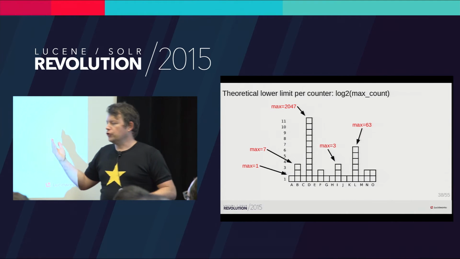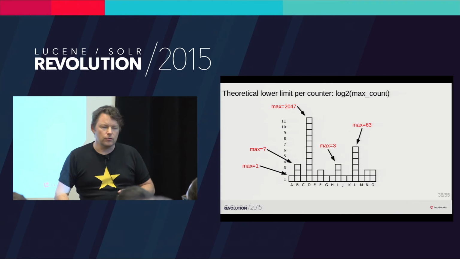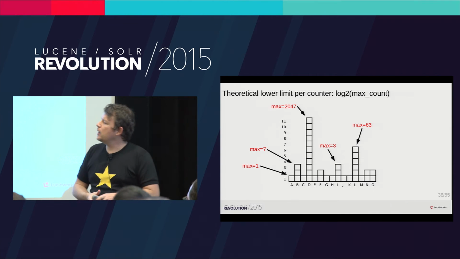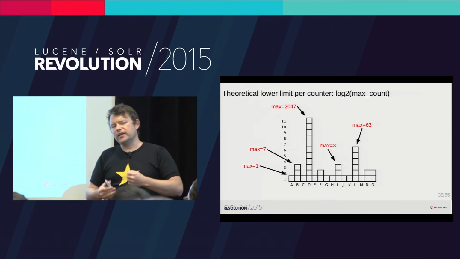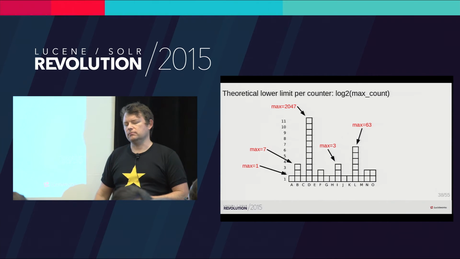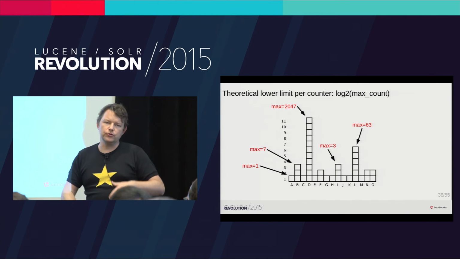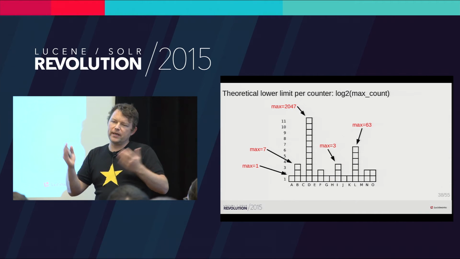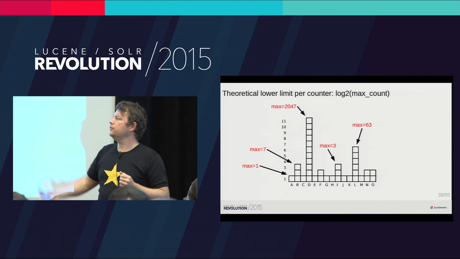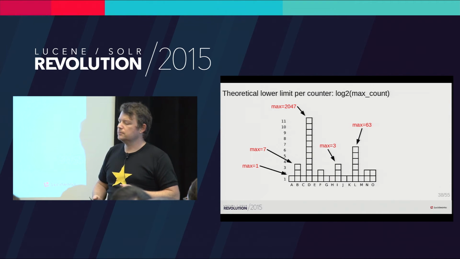At the bottom, we have terms, in this example, A to O. And on the top, we're talking about the maximum count that a term can have in this shard. There's always a maximum count. If you do a star search, you reach the maximum count for all the terms in the field.